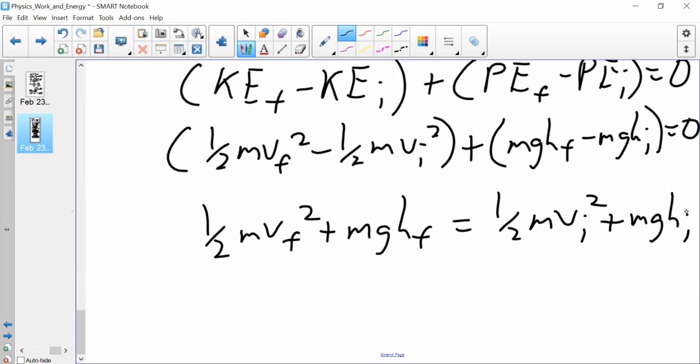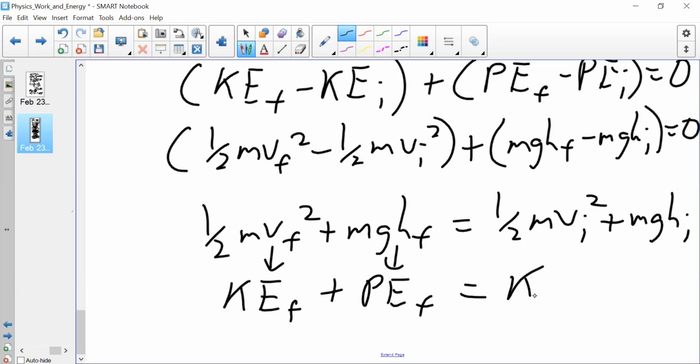So what we see here is that there's a type of energy in the beginning that's equal to the same energy in the end. So we can say that the final kinetic energy, KE final, plus the final potential energy is going to be equal to the initial kinetic energy plus the initial potential energy.